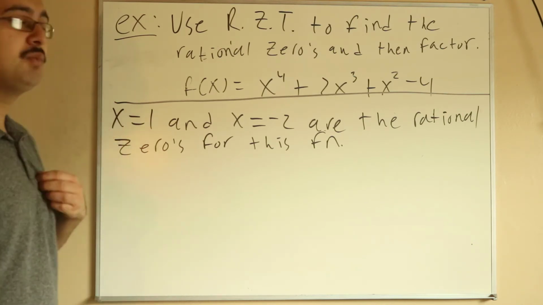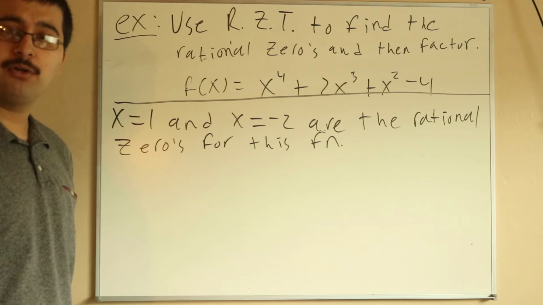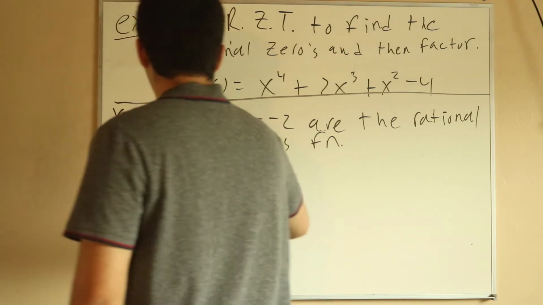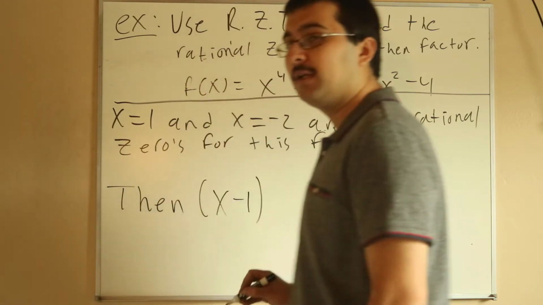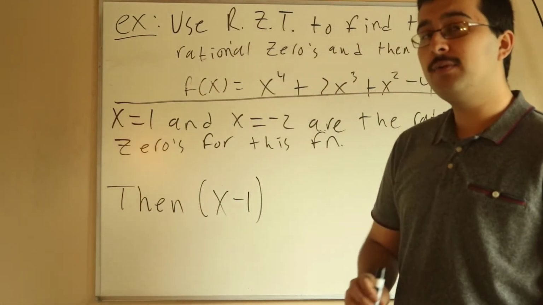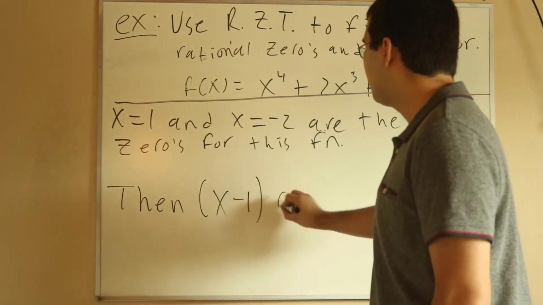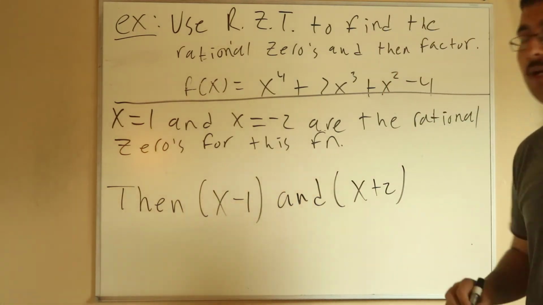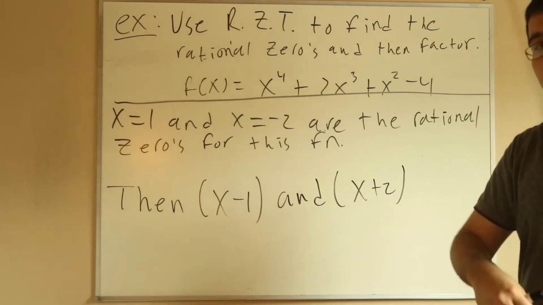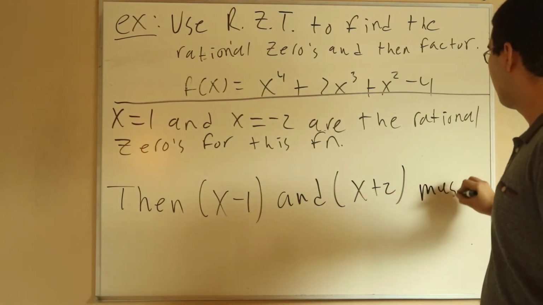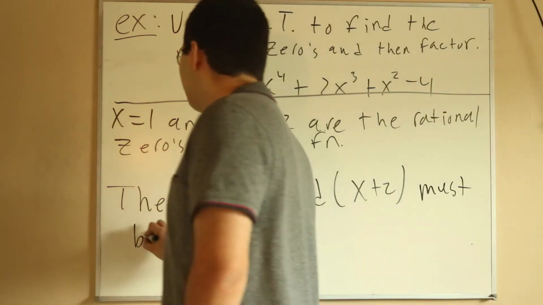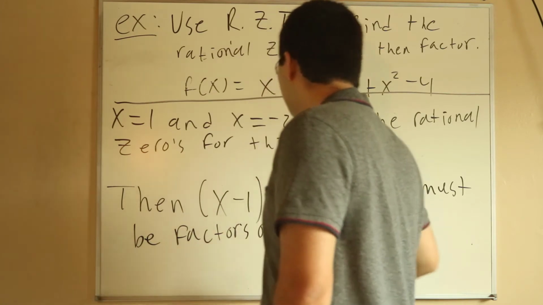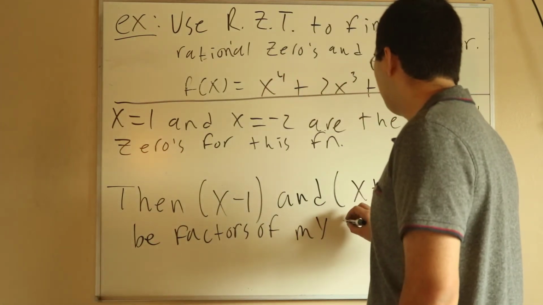Well, if x equals 1 is a zero of my polynomial function, then x minus 1, right? And if x equals negative 2 is a zero of my polynomial function, then x plus 2, both x minus 1 and x plus 2 must be factors of my function.